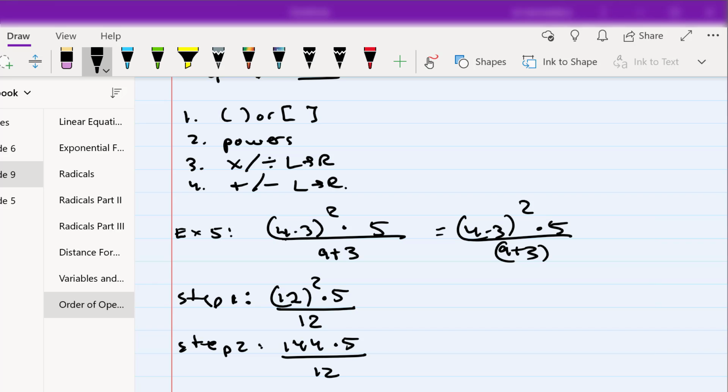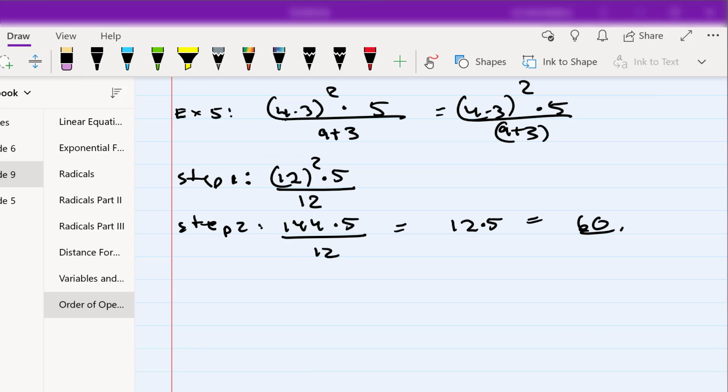The easiest thing to note is that 144 divided by 12 is just 12. So we have 12 multiplied by 5. Using the last step, we have a multiplication problem. 12 times 5 is 60.